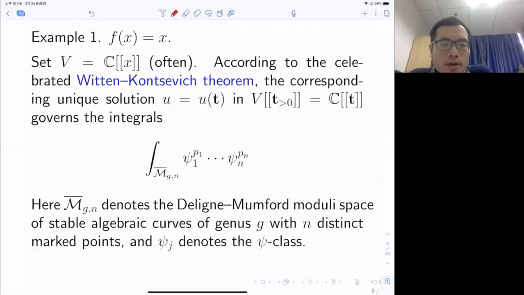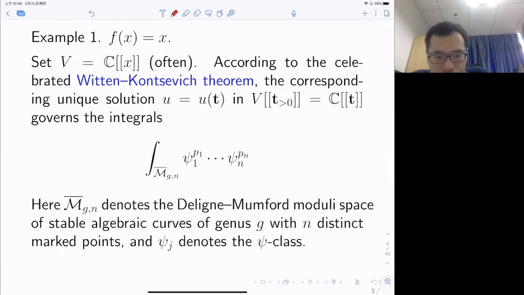Here the integral is over the Deligne-Mumford moduli space of stable algebraic curves of genus g with n distinct marked points, and the psi_j are the psi classes of the moduli space.